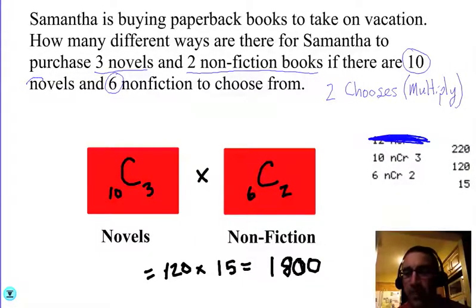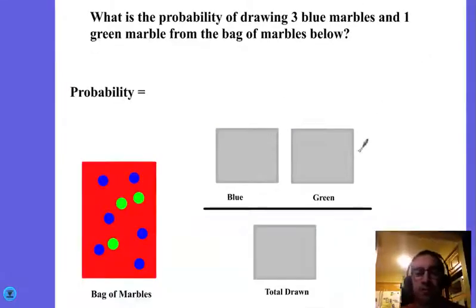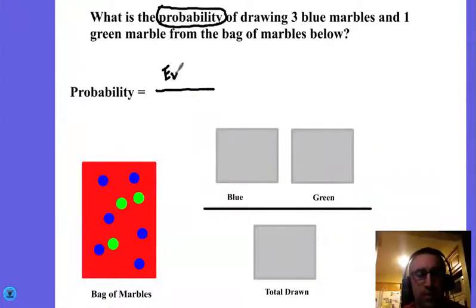Very good. And finally, let's do a probability problem. Again, the previous problems were counting how many ways. But when we get to a probability question, make sure you are calculating a fraction, where we put the event that we're looking at over the grand total.